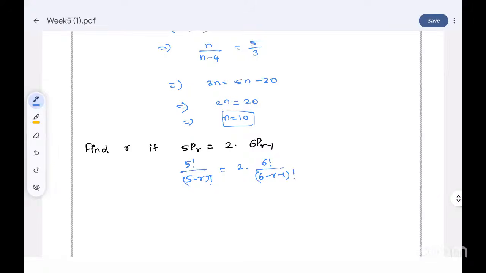So r minus 1, so minus into minus becomes plus. So again, we can rewrite it. So 5 factorial by 5 minus r factorial equal to 2 times 6 into 5 factorial, and then you have 7 minus r factorial, right?